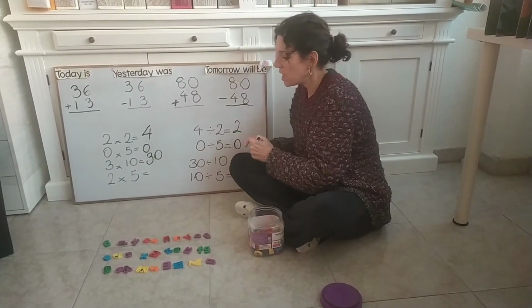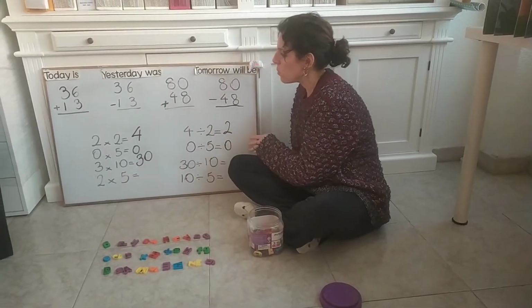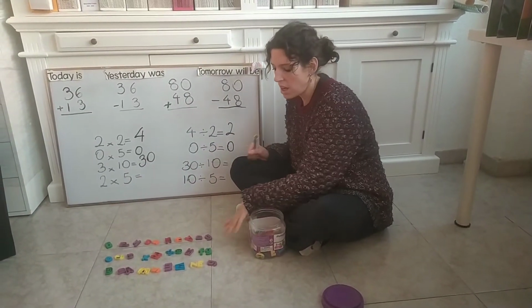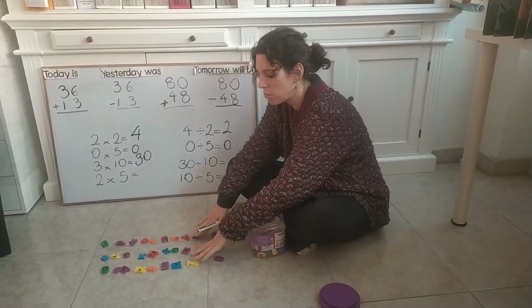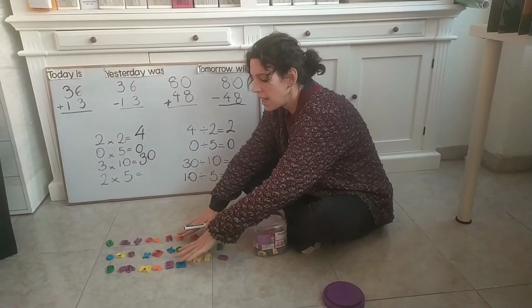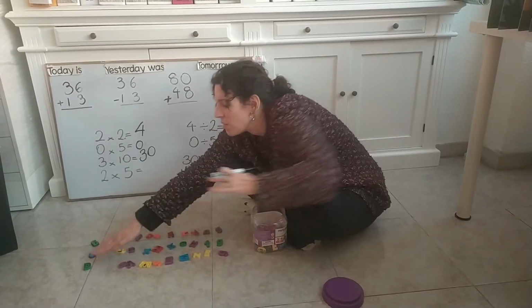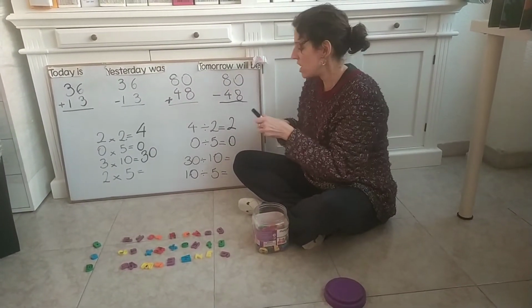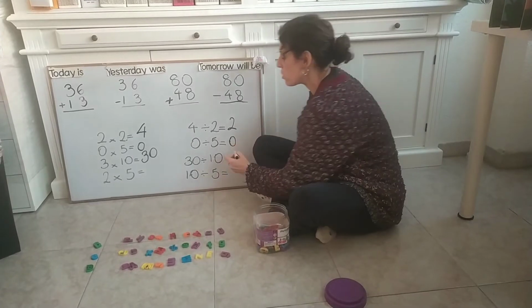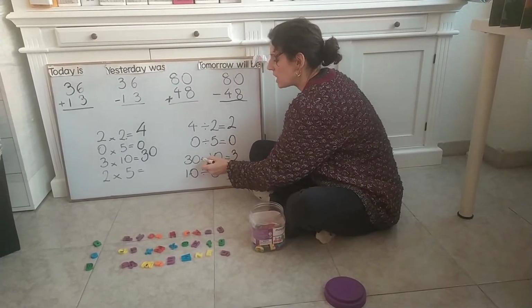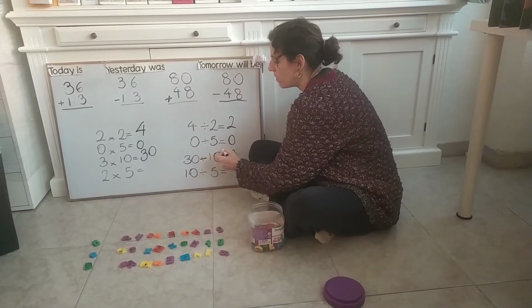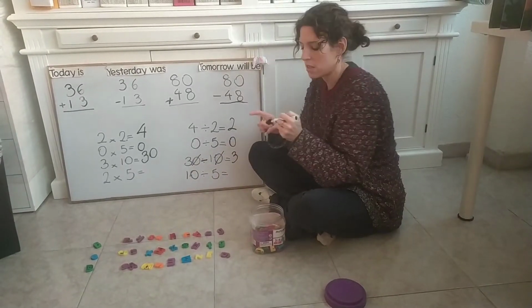Again, if I've got 30 and I want to share it by 10, I have my groups already formed for me. How many do I have in each group? 3. Remembering our special trick: if I divide anything by 10, I'm just taking off the 0 on both sides.